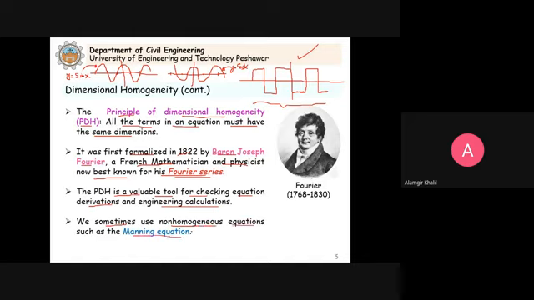We already use it extensively in open channel hydraulics, but this is a non-homogeneous equation. We already studied that the dimensions are not the same, the left hand side and the right hand side. That's why you see that the Manning's roughness coefficient is not a pure number. It has dimensions.